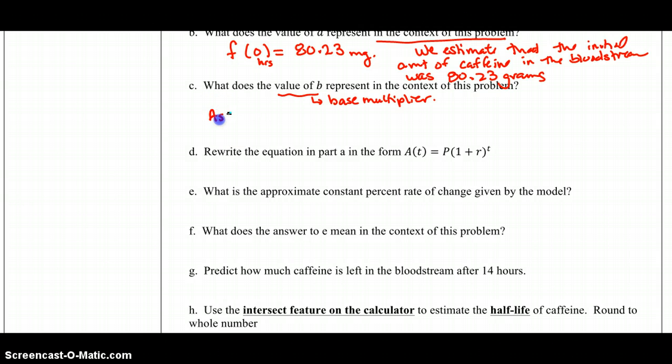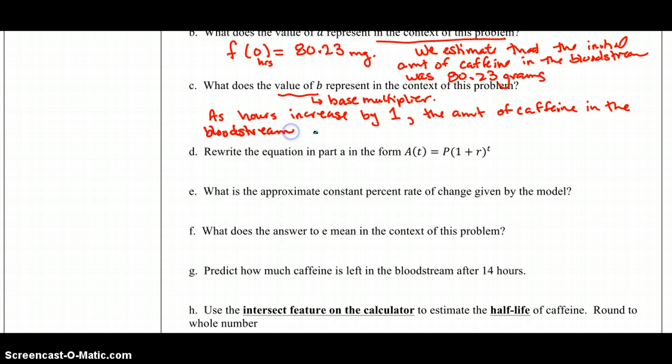So as hours increase by 1, the amount of caffeine in the bloodstream is multiplied by 0.89. Or another way to say that is that the amount of caffeine in the bloodstream is 89% of what it was.